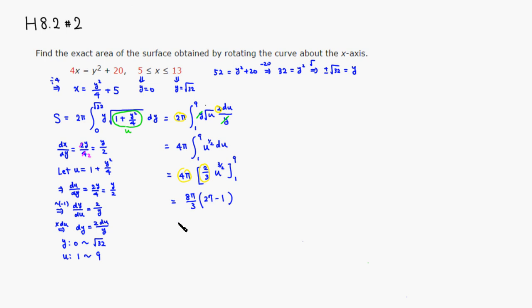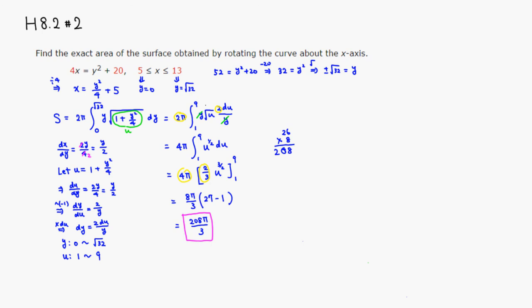So that's 26 times 8, which is 208. So you have 208 pi over 3. That is the surface area.